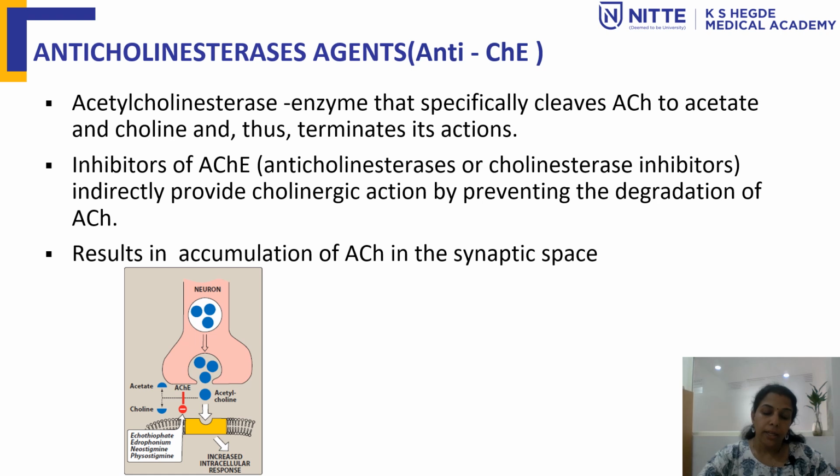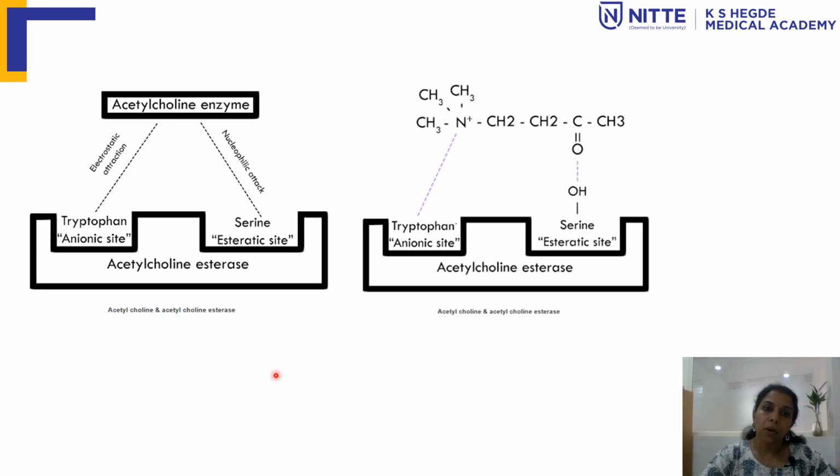In detail, the acetylcholinesterase enzyme has two sites, one anionic site and one esteratic site. How does the hydrolysis of acetylcholine happen? It involves an electrostatic attraction of the charged N plus in acetylcholine to the anionic site, and a nucleophilic attack by the hydroxyl group of the serine at the esteratic site. Adjacent to that, a histidine gets activated, and that leads to acetylation of the serine.